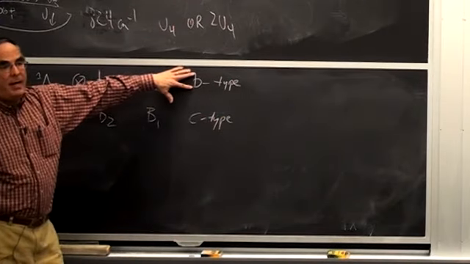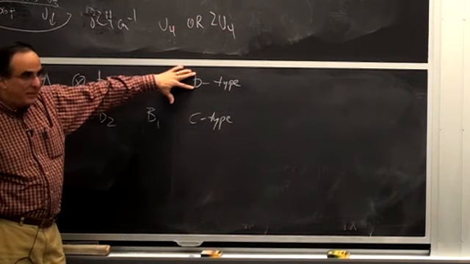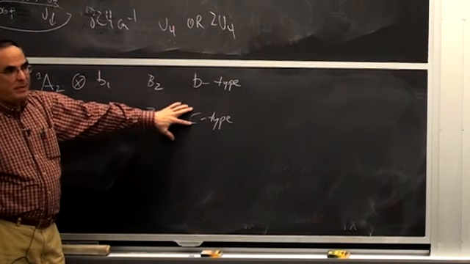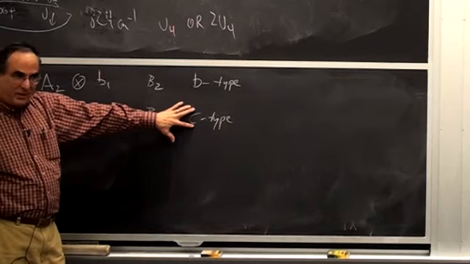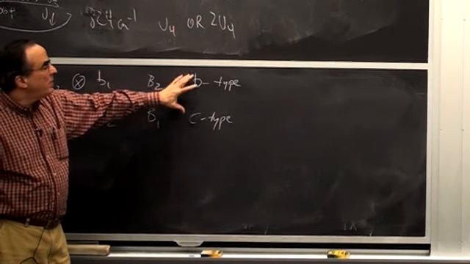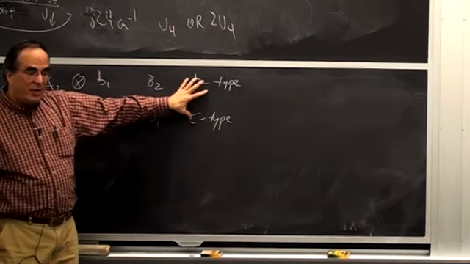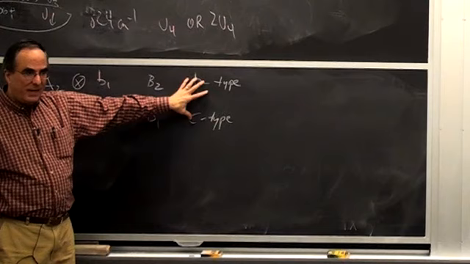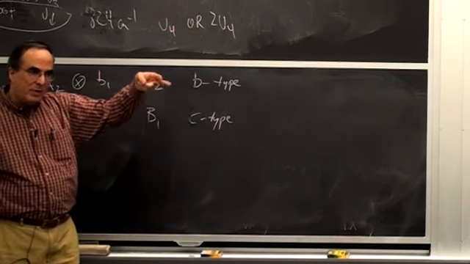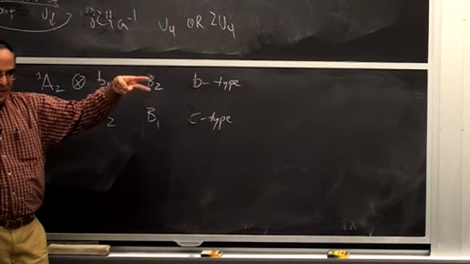B-type, delta Ka of 1, delta Kc of odd. C-type, delta Ka of 1, delta Kc of even. So remember now, both of these could have a change of Ka, and you have two asymmetry components which have the different values of Kc.